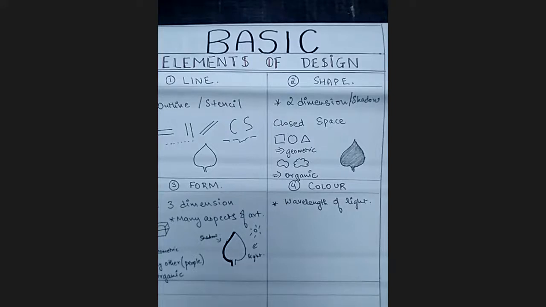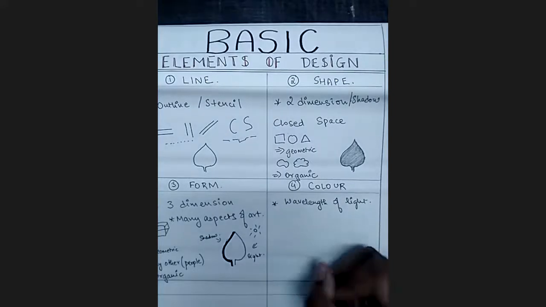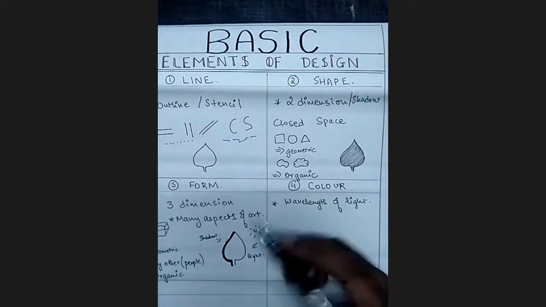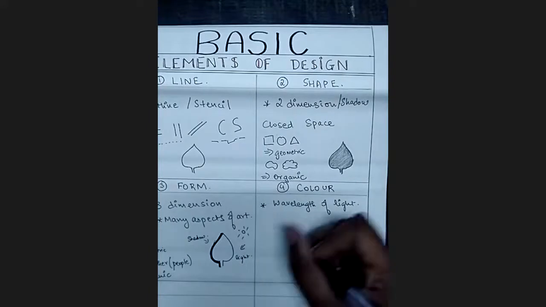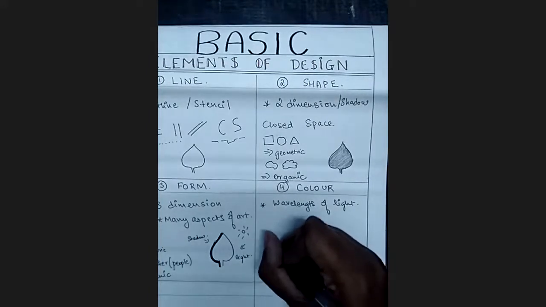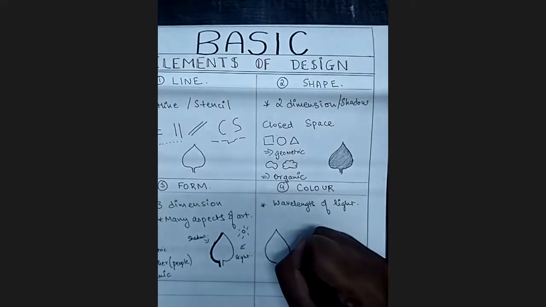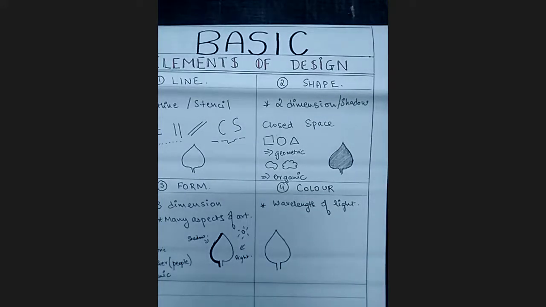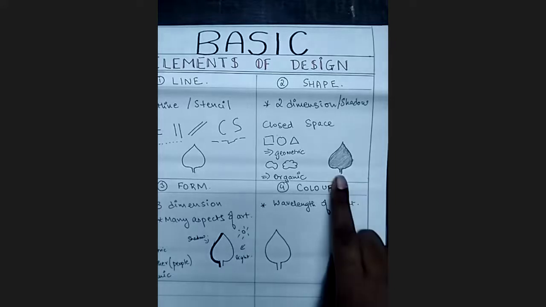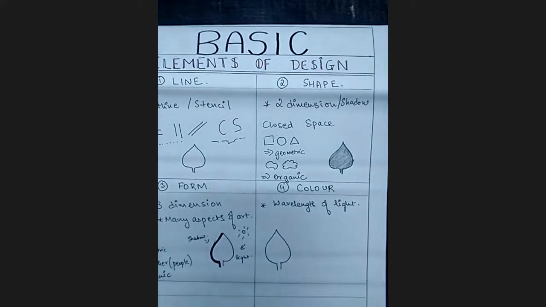Before that, color basically is whatever you fill that particular shape or form with. Now I'm going to draw the leaf once again to show you. Instead of doing the shadow, I'm going to add some color to it.